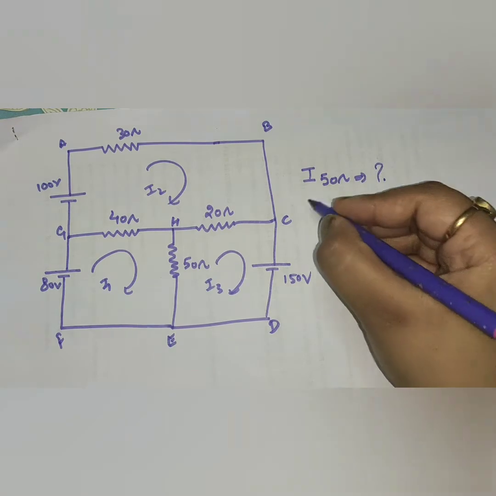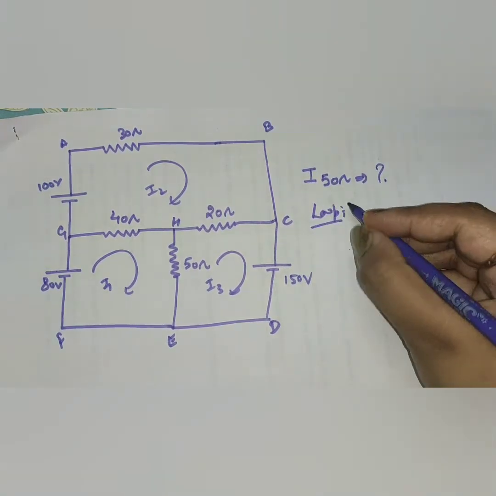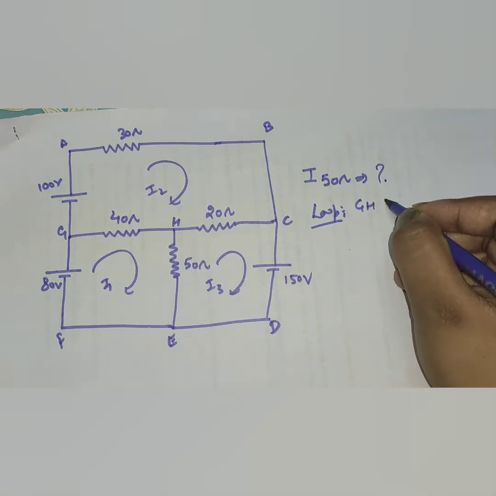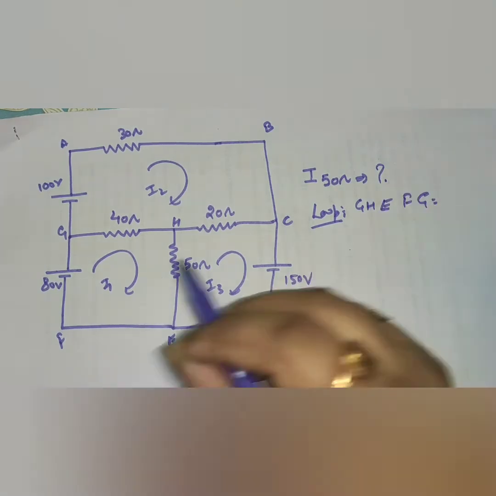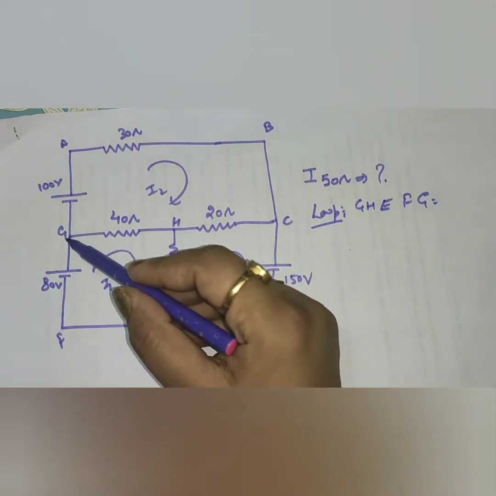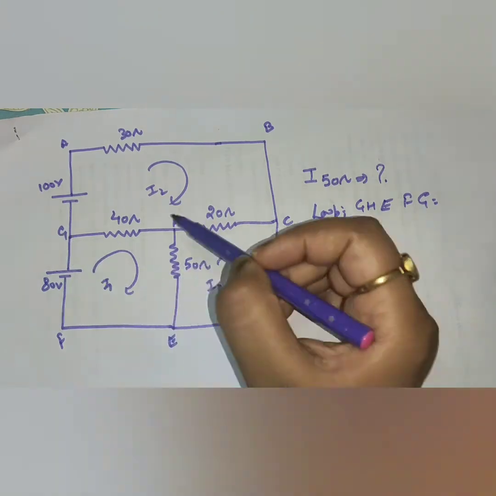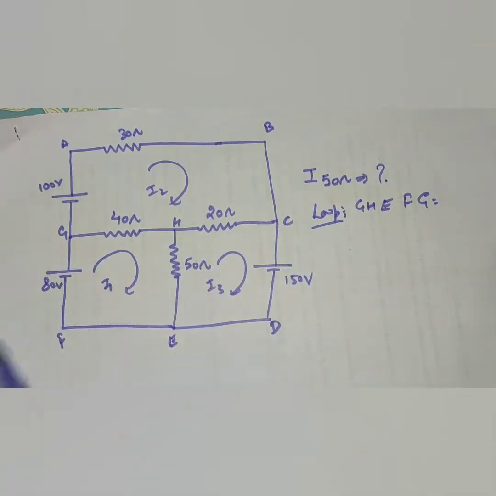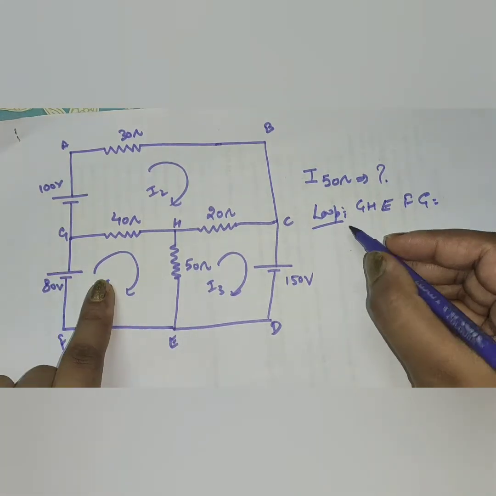Now the first mesh or loop is G, H, E, F, G. A loop is where you start from one point and end at the same point. In this loop, current I1 is flowing.